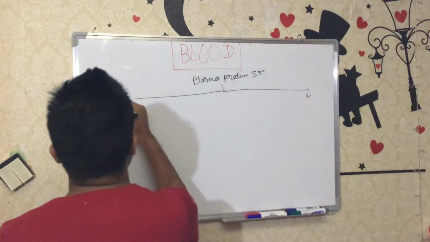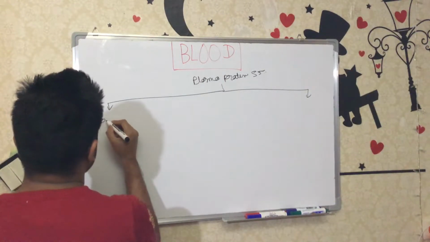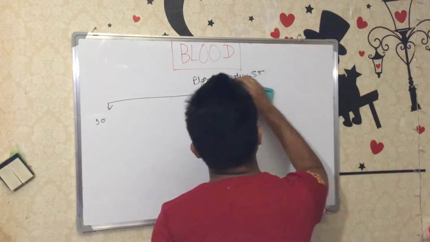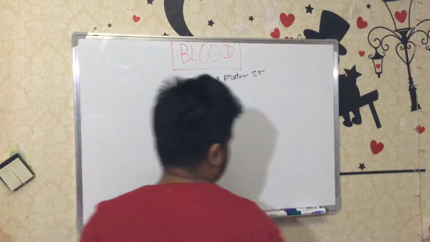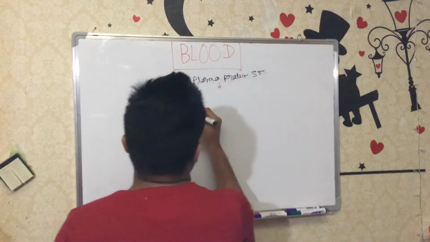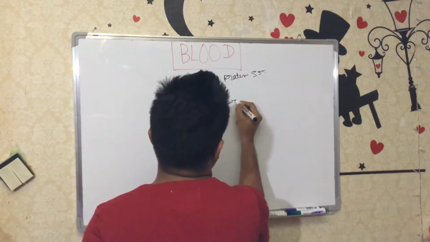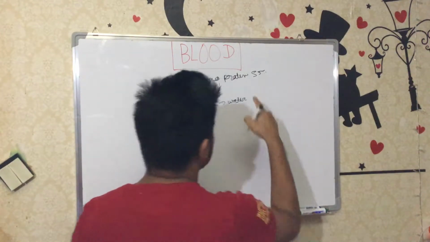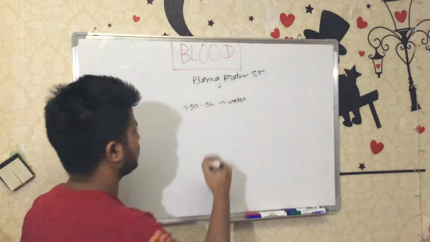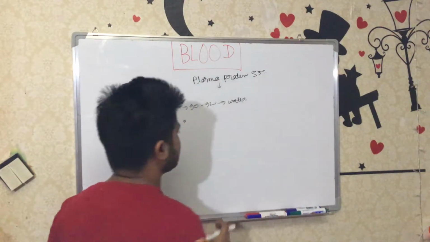Out of the plasma, approximately 92% is water. That means out of the 55% plasma, 90 to 92% is water, and the rest is the dry substance.